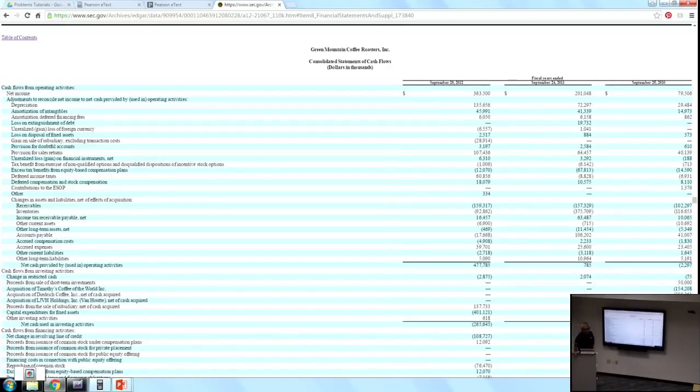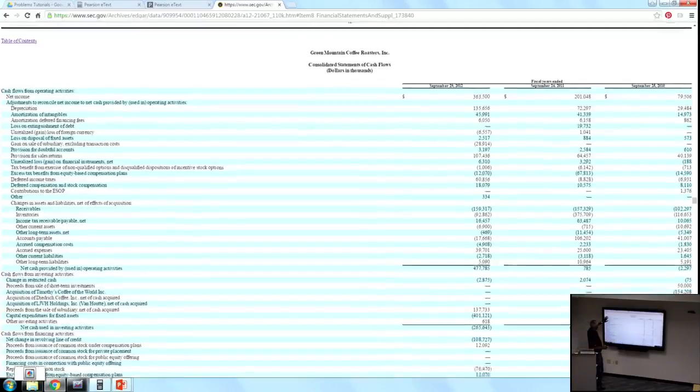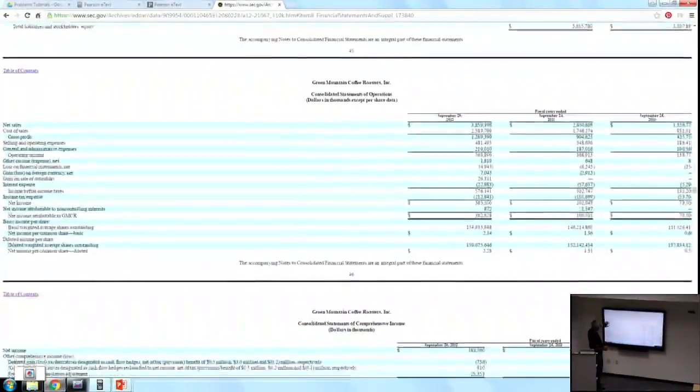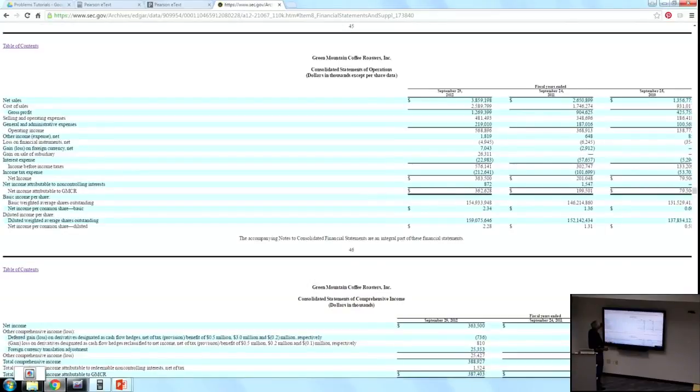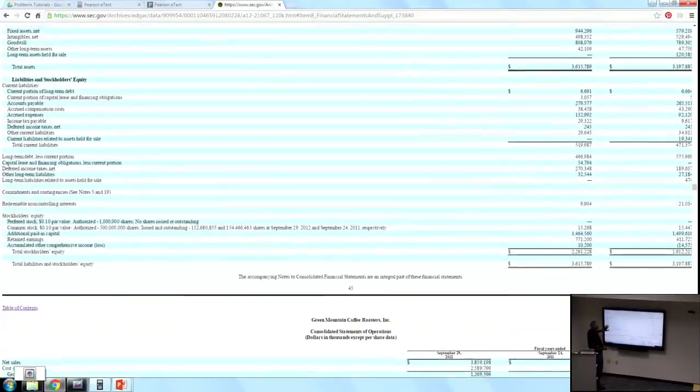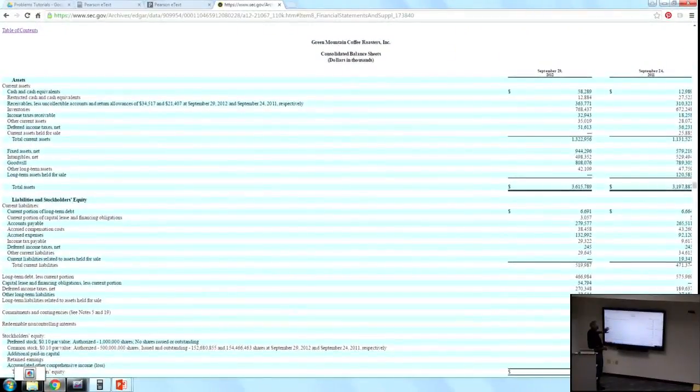Then part B was, what was depreciation expense in 2012? To find depreciation expense, I have to go back up to my income statement. There are several ways in which we can find depreciation expenses.